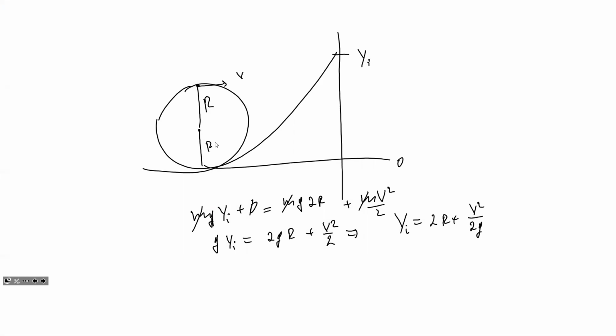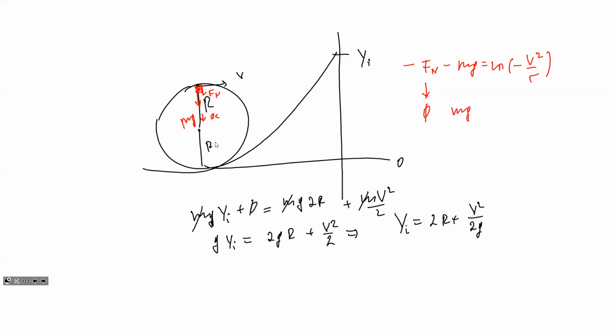Now, when the normal, okay, here at the top we've got force of gravity and the normal force acting down, centripetal acceleration points down. So Newton's second law says... the critical speed means the normal force becomes 0.